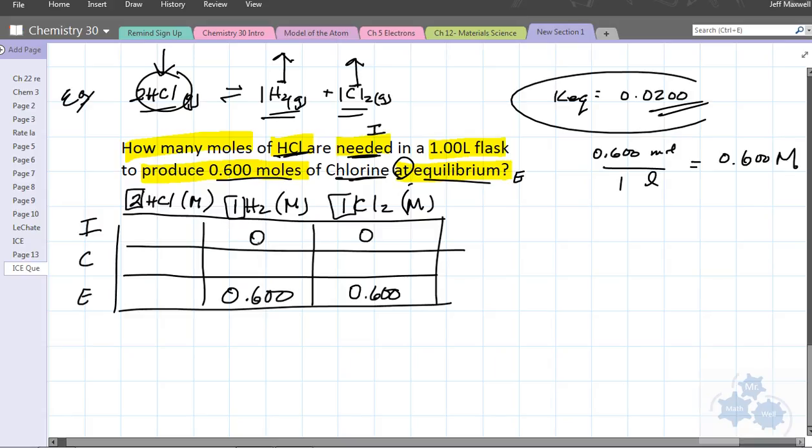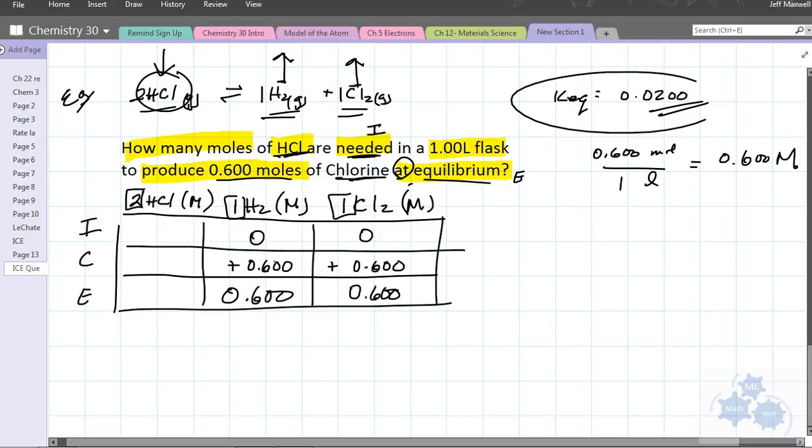If I start off with 0 and I end with 0.6 molar, what was the change? It went up by 0.6, and this is why this question is a little bit strange, because you're used to putting variables here. We aren't normally given equilibrium concentrations either. So this is 0, and this is going up by 0.6.